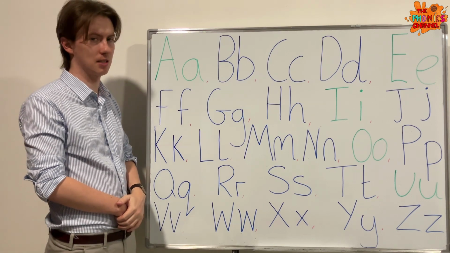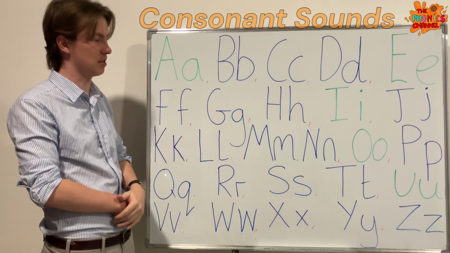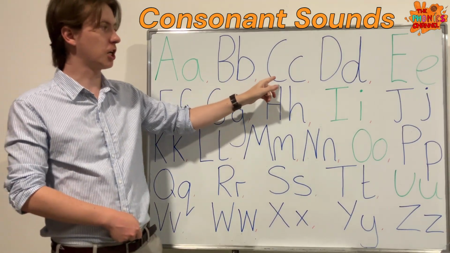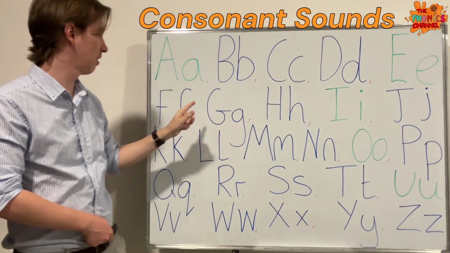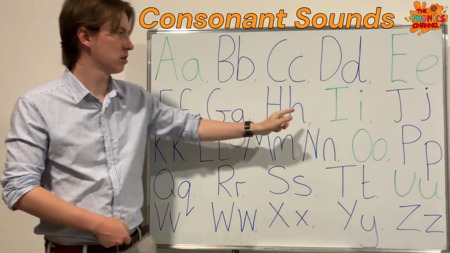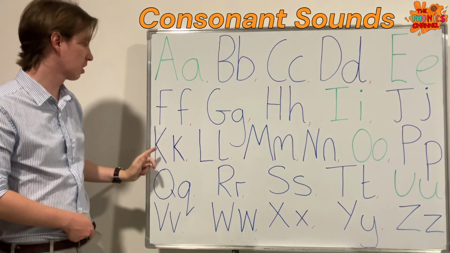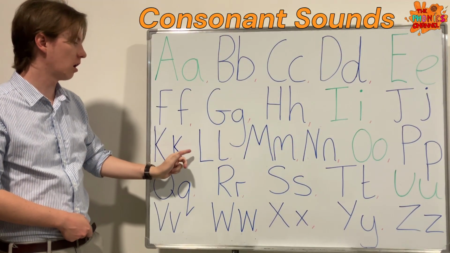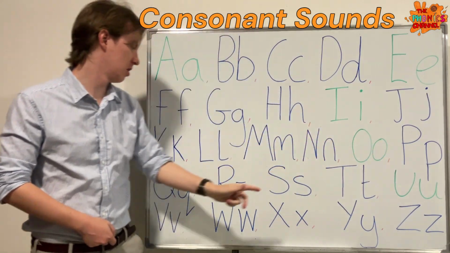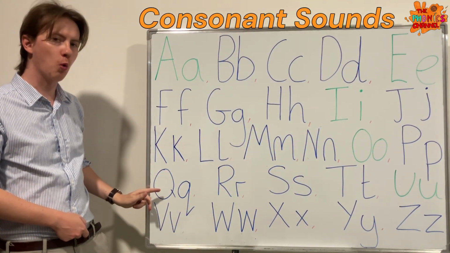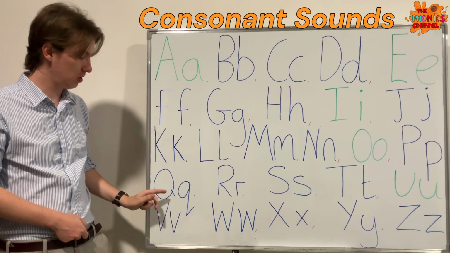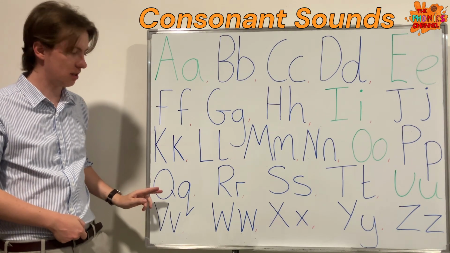So let's go through these then. And the consonant letters are in blue. We've got B, K, D, F, G, H, J, K, L, M, N, P, Q. Okay, it needs a U here for the Q. It needs a U to make the Q sound.